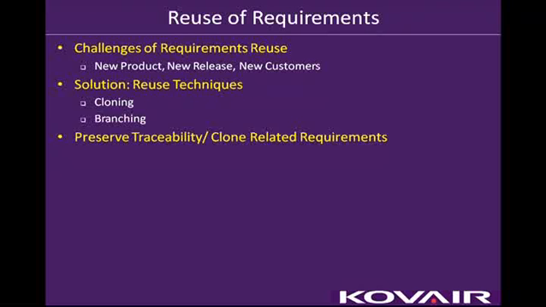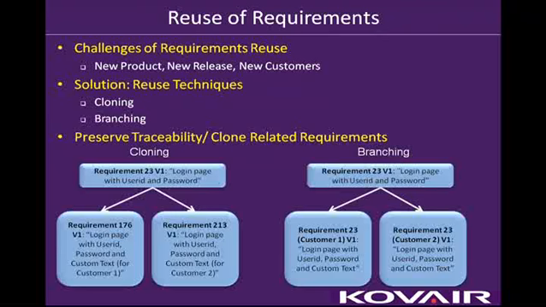Okay? Or in some cases, I may want to clone also all the related items in one single action. Because I spent so much time and effort to create those traceability relationships, I don't want to go through that again. Either I should be able to reuse the traceability relation, or using the traceability relation, I should be able to clone all those related items and make the relation at the same time in a single action.